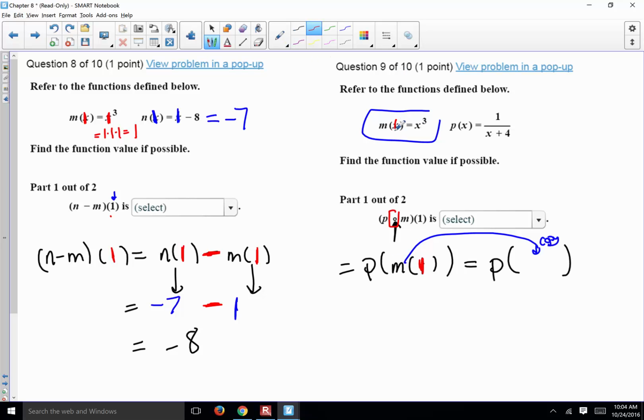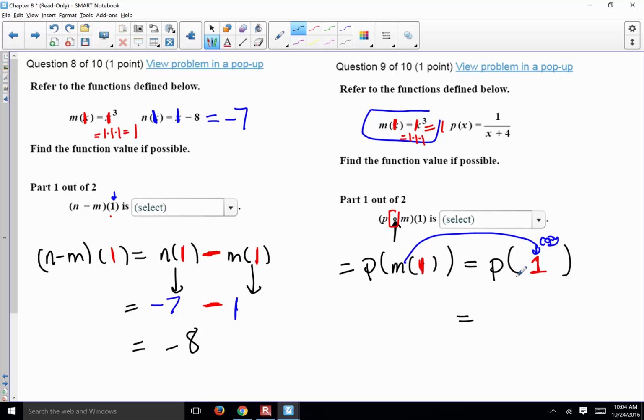So all you need to do is plug in 1 and copy the result, which is 1 cubed, which is 1. Do you get it? Again, we are doing pretty much the same work, but instead of x's, replace x by 1 and take it. When I replace x by 1, this is 1 cubed, which is 1.